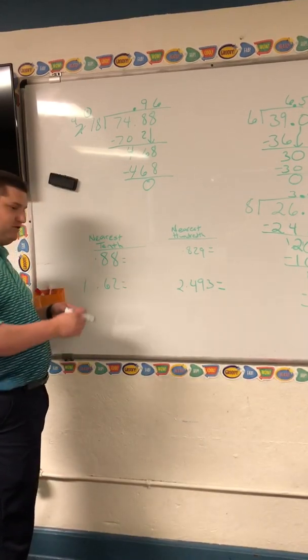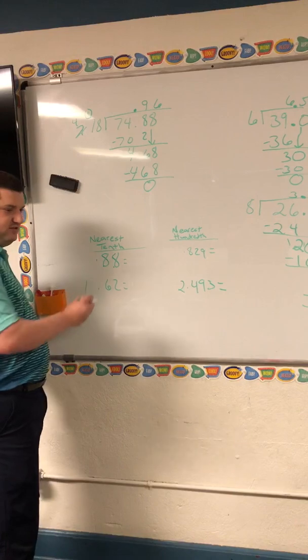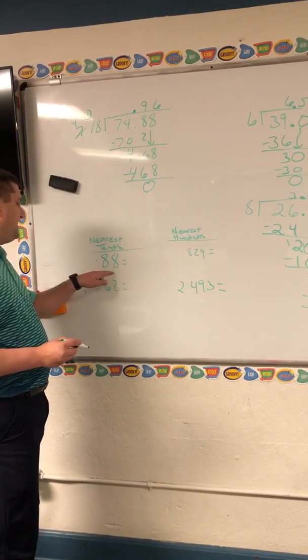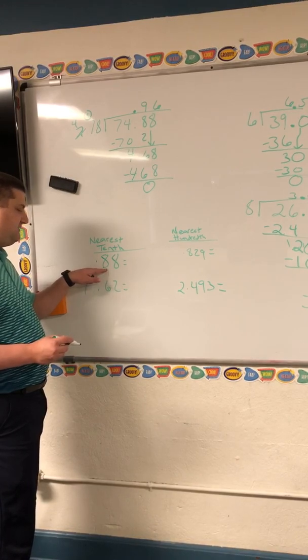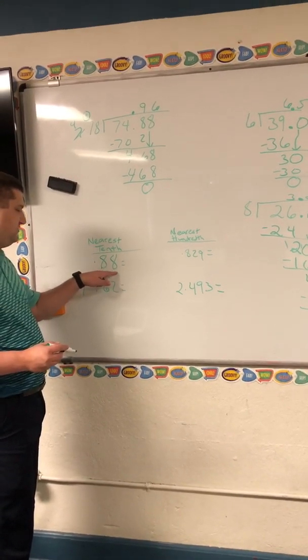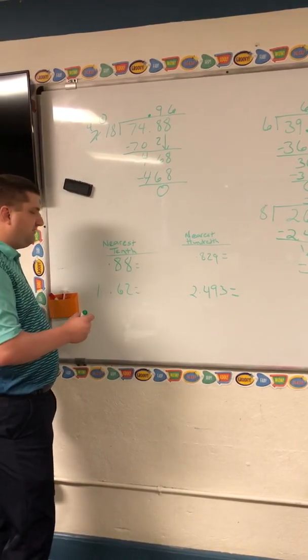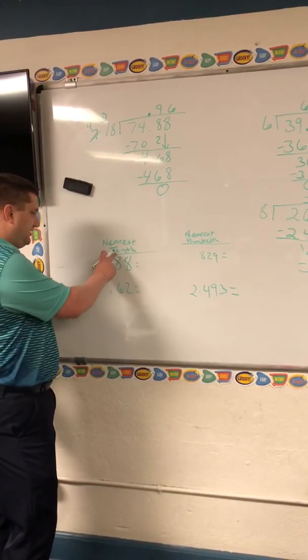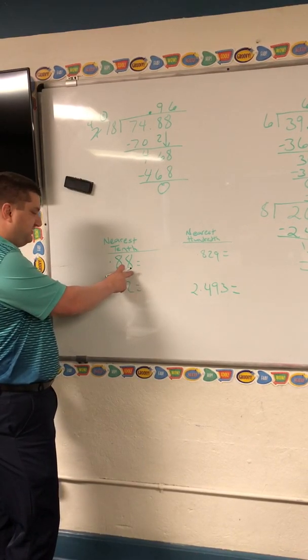All right, if you remember your decimals, tenths, hundredths. Okay, you're trying to find the nearest tenth. You have 8 in your tenths place and 8 in your hundredths place. To round off, you look to the right of the place you're trying to find. This is tenths place, so you're looking at the hundredths.